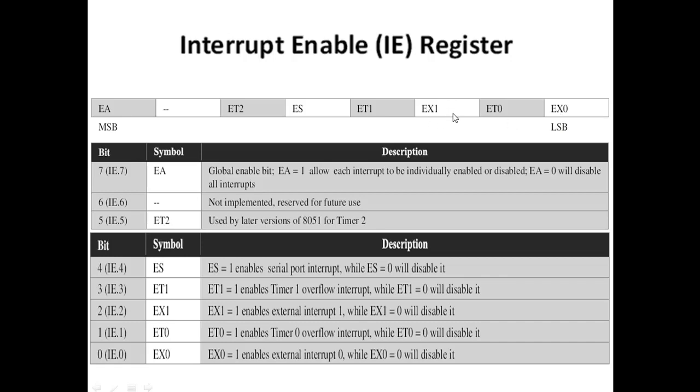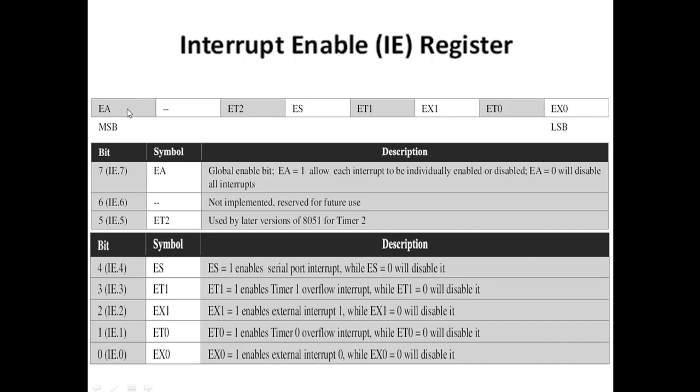Let us take an example. Here I want to enable external interrupt 1, and disable all the rest of the interrupts. So I will mark EA to be 1 first of all, because I want to enable one of these interrupts. I will mark EX1 to be 1, because I want to enable this interrupt, and the rest to be 0, right?